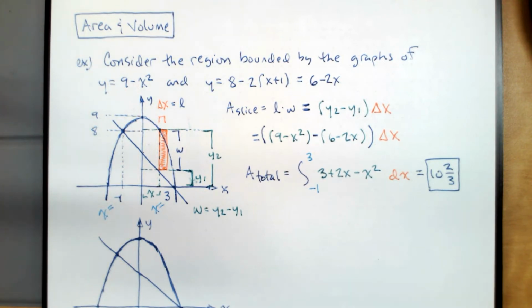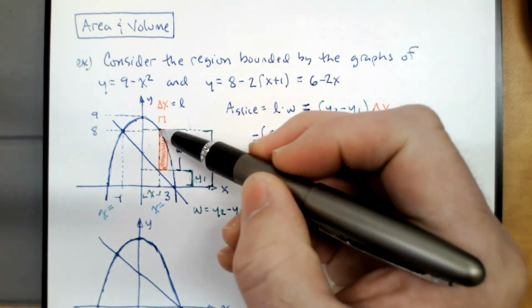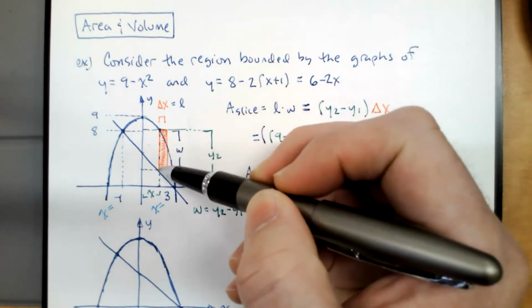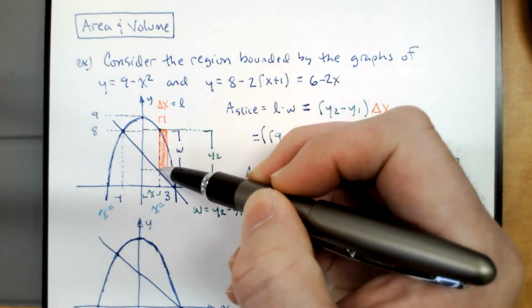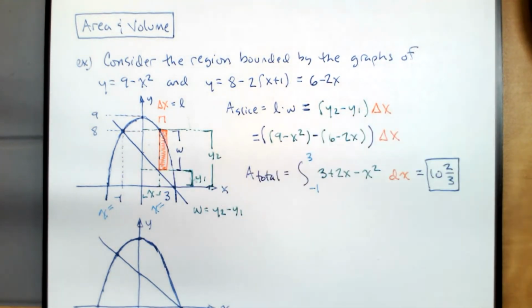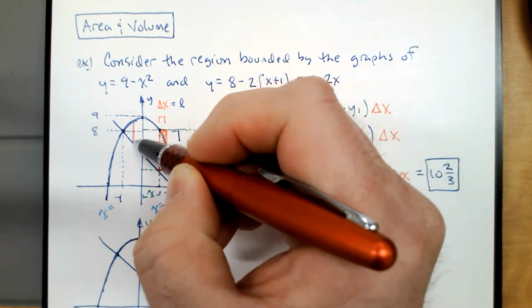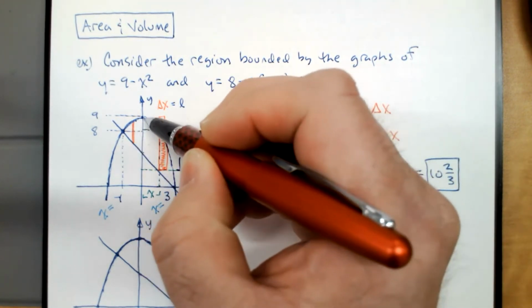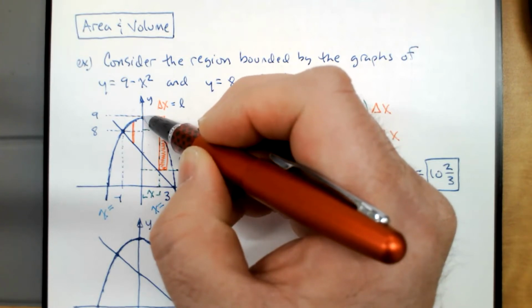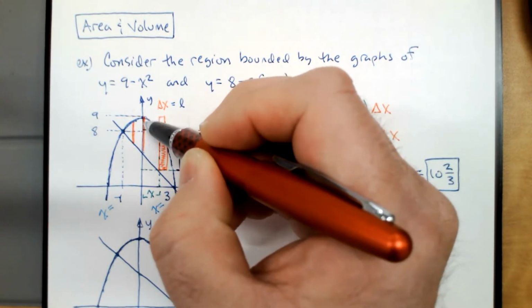Yeah, so the width is the distance between the parabola and the line. So if there was another slice, the width would be from the distance from the parabola down to the slice. Here's another slice from the parabola down to the line.